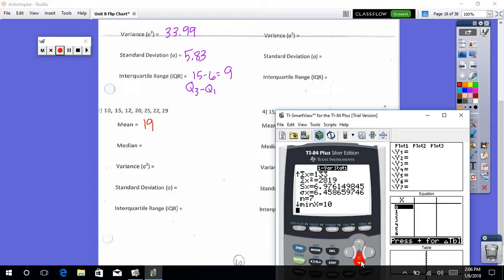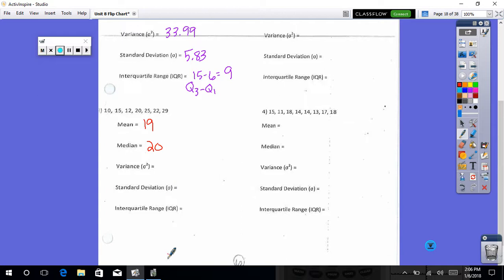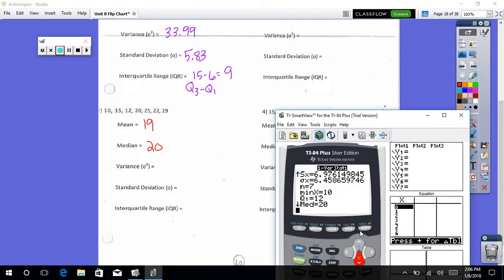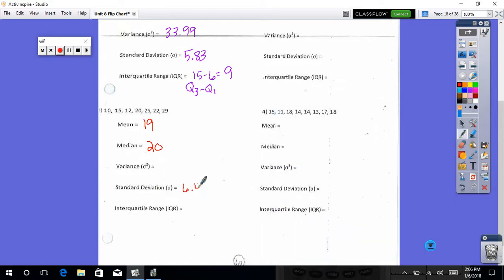If I scroll down to find my median, it is 20. My standard deviation, 6.46 when you round.